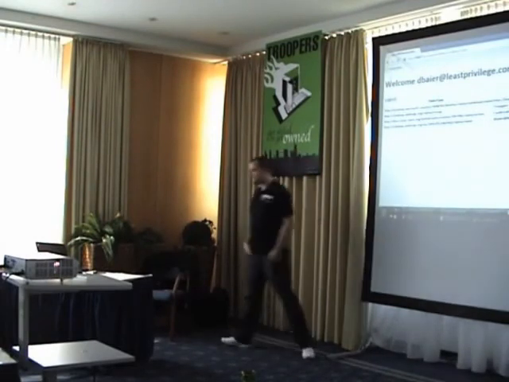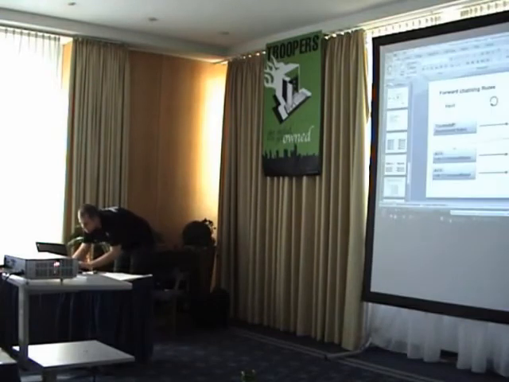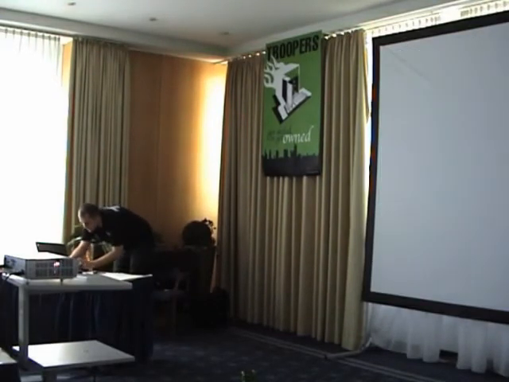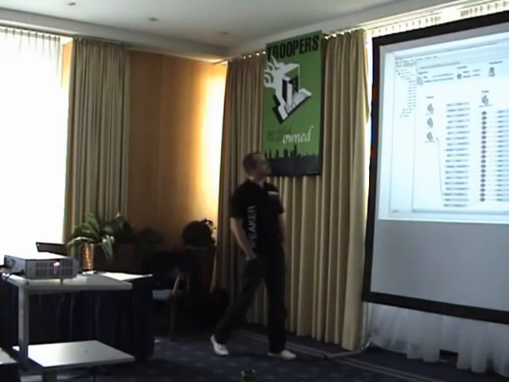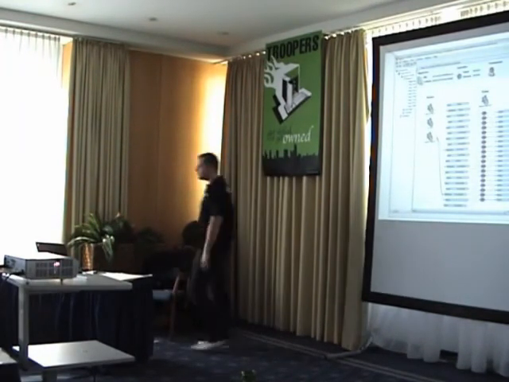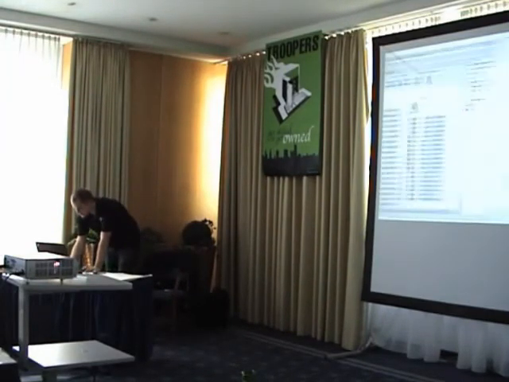Cool. That's the basic idea of that. So, there's also a graphical tool to do claim rules. I'll come back to this in a second. But it's a little bit nicer than the web interface.